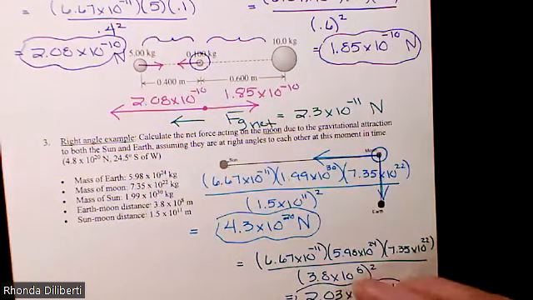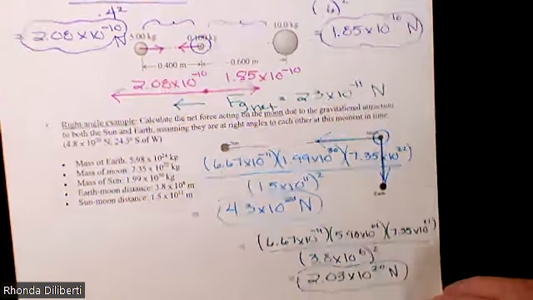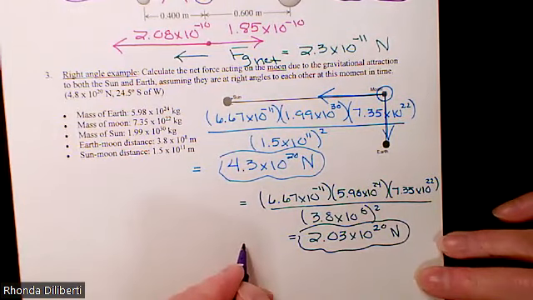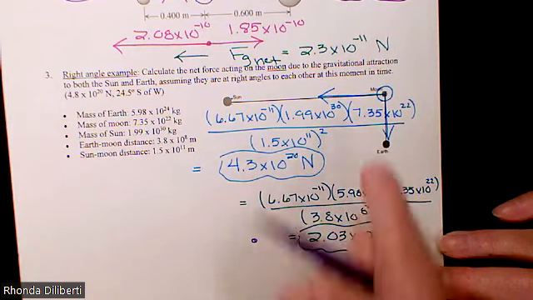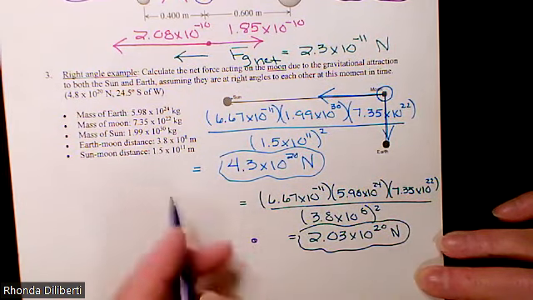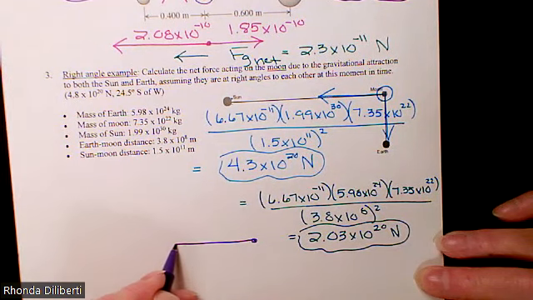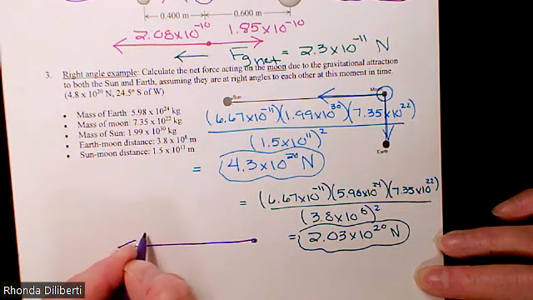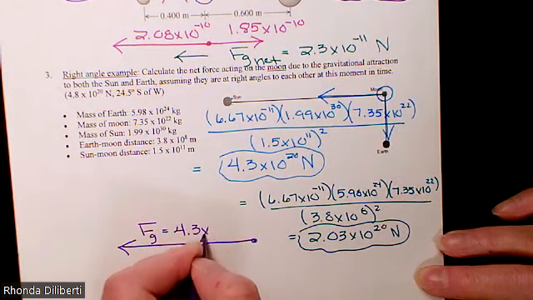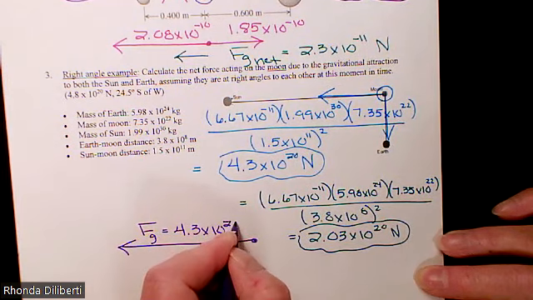All right, so now let's map out what we just found. So I'm going to redraw my picture over here. So this is the moon. And the moon is attracted to the sun. That's the bigger number, so I'm going to make this arrow longer. So the moon is attracted to the sun with a gravitational force of 4.3 times 10 to the 20th.